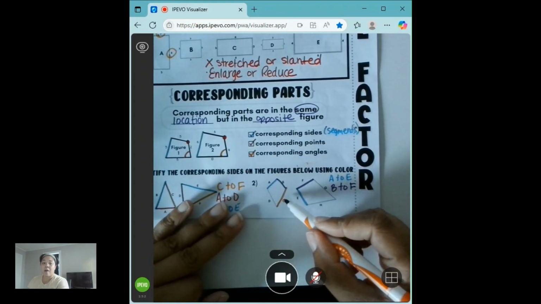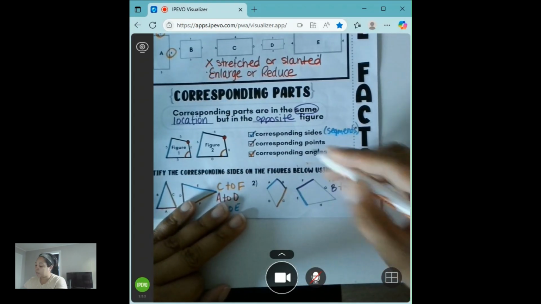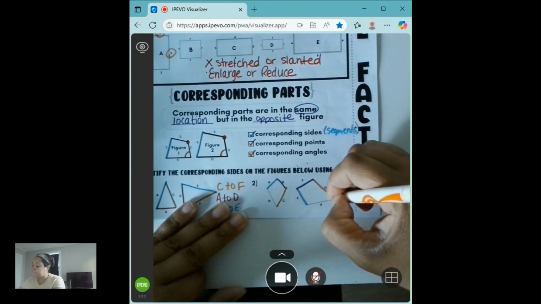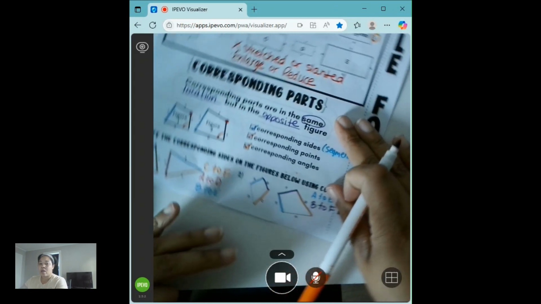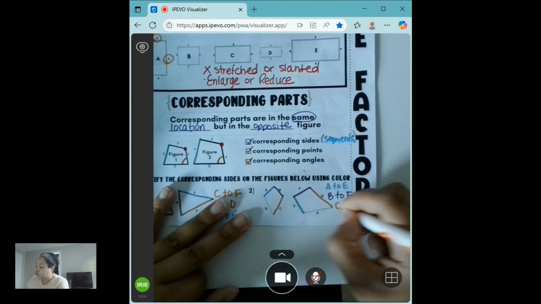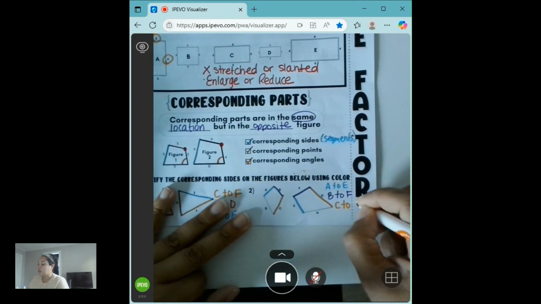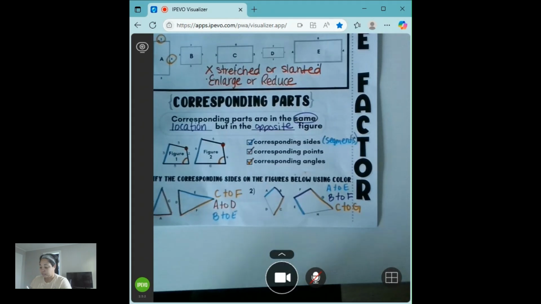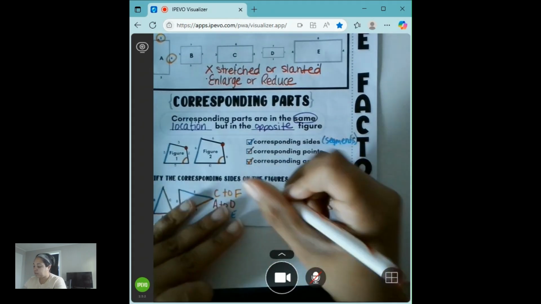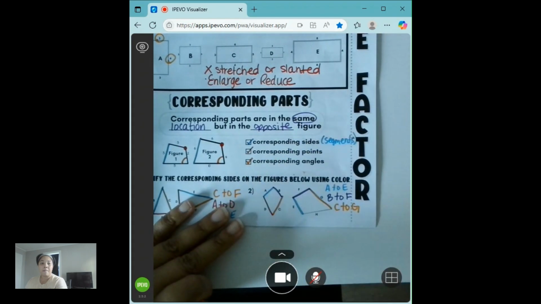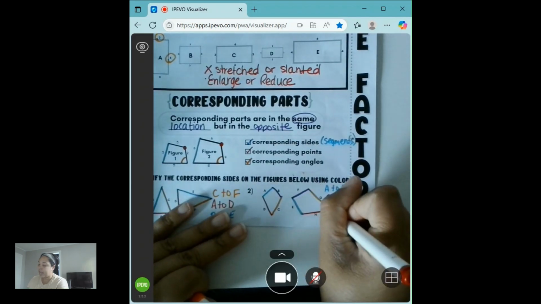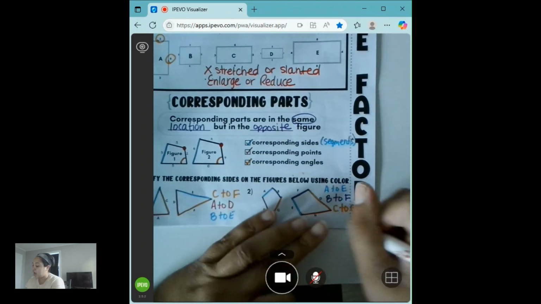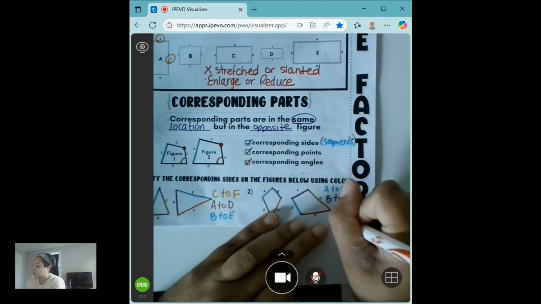It is going to correspond with G, because it's also on the bottom right side. We rotate it. So this is C to G. And then lastly, segment D, bottom left side, which is going to correspond to H, which is on the bottom left side. So D to H.